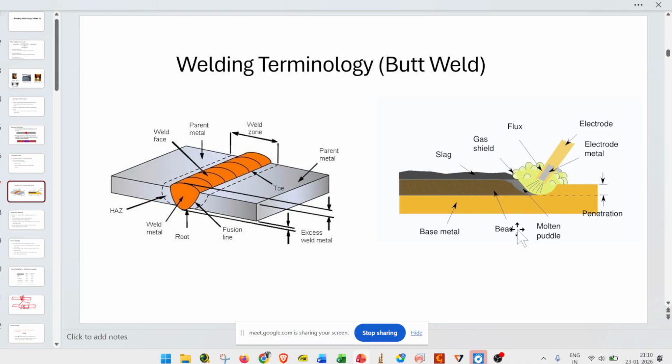But at higher temperatures, the molten pool may become oxidized, which will degrade our component. So we want to avoid this kind of oxidation.